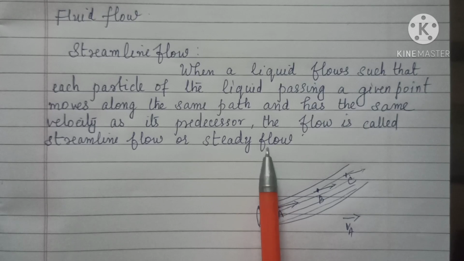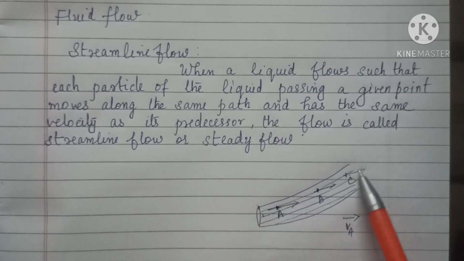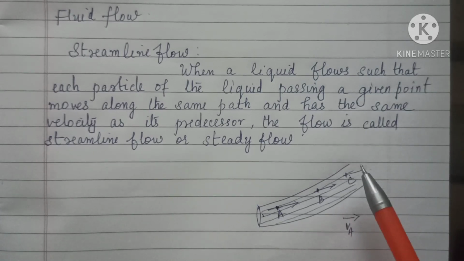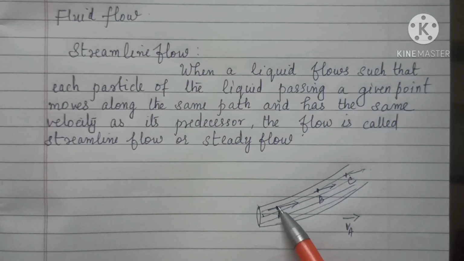What does it mean? Suppose I am considering a tube through which the liquid flows. Now here I have considered 3 points like A, B and C. At the point A, if I draw a tangent like this, it will give the direction of velocity at that point.